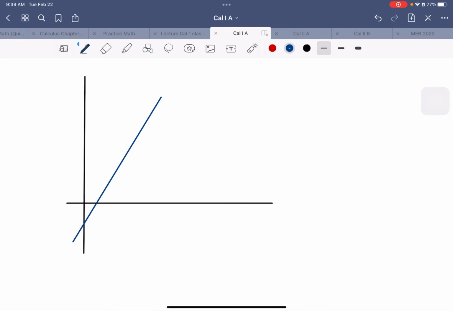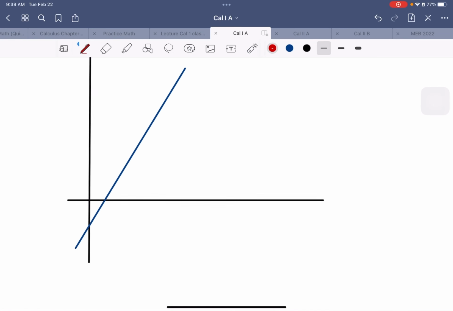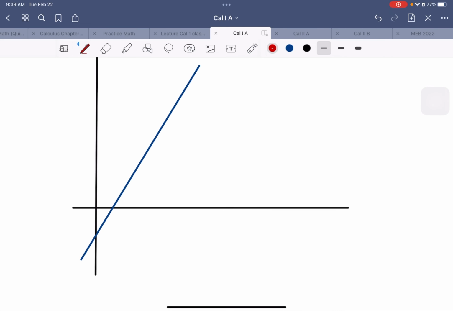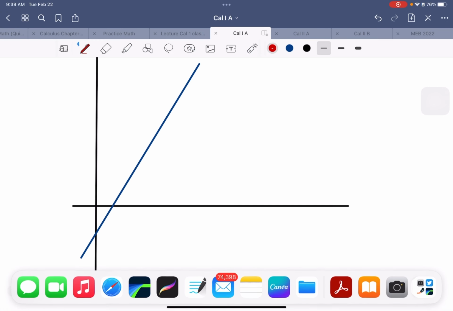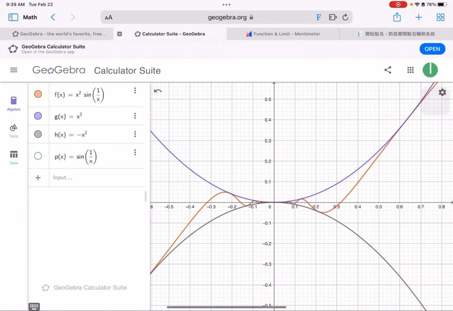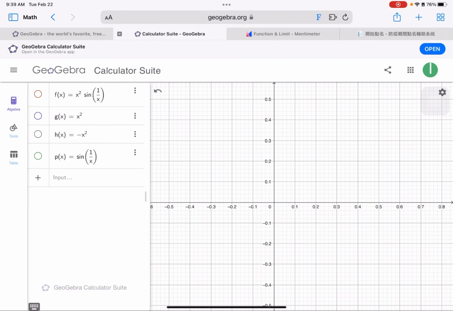Okay, let's say that's the function, and this should be 2x minus 1.